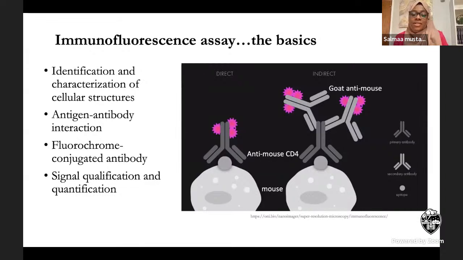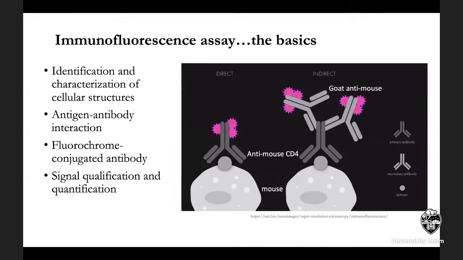Because when I use the direct method, sometimes it's not working perfectly with the tissue, but when I use indirect, I get more signal. Even an antibody that doesn't work with the direct method might sometimes work with the indirect method. I'm not sure if you have noticed a similar thing.